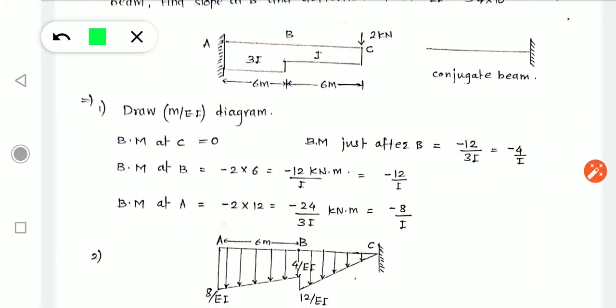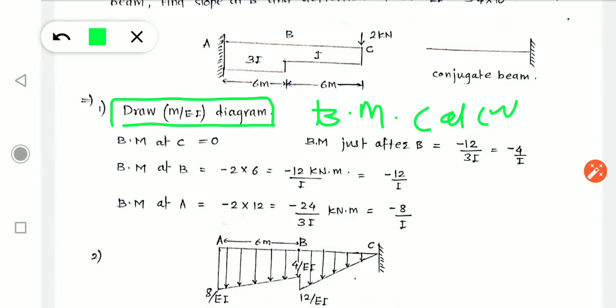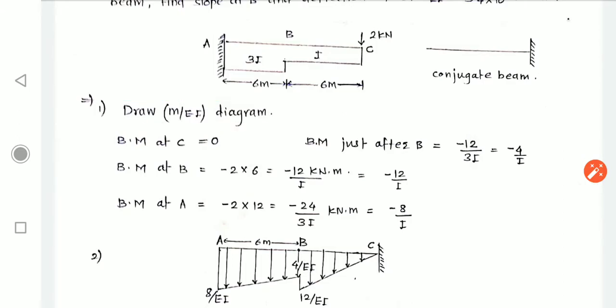Once we are done with this, we will draw an M by EI diagram. For that, first we need to do the bending moment calculations. So here I have given you the bending moment calculations. See, the moment at C: we know at the free end of a cantilever the moment will be 0. Therefore the moment at C is equal to 0.